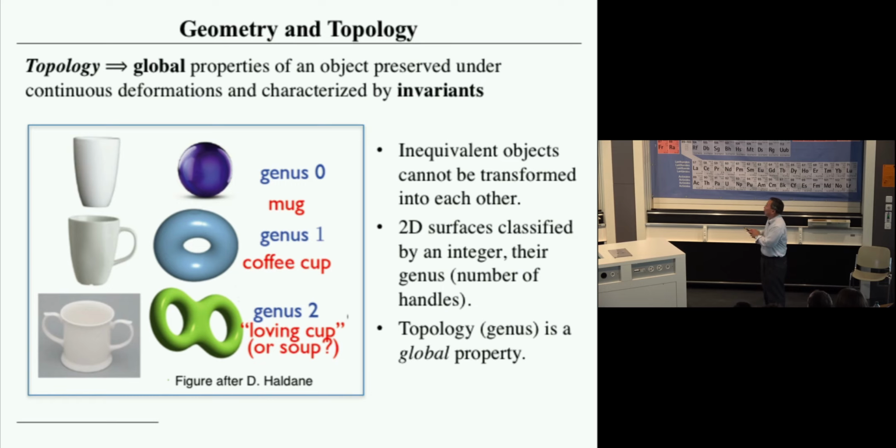You cannot transform topologically inequivalent objects into each other. And in general, the topological phase of an object is classified by integer invariance. So it is really a global property of the object that you want to look at.